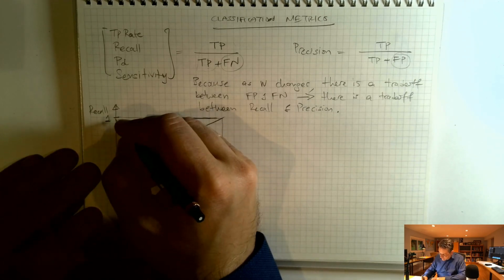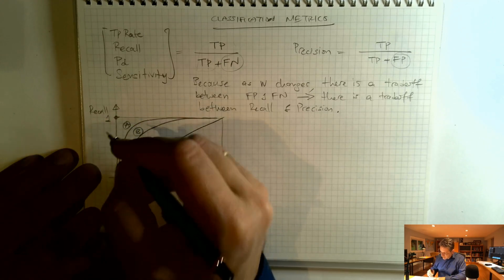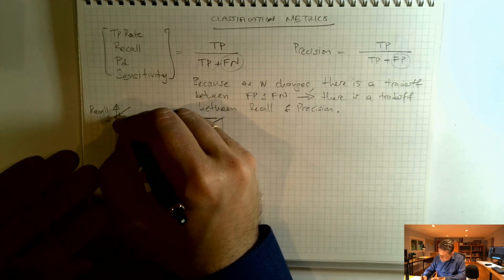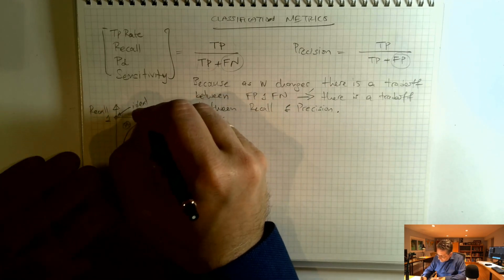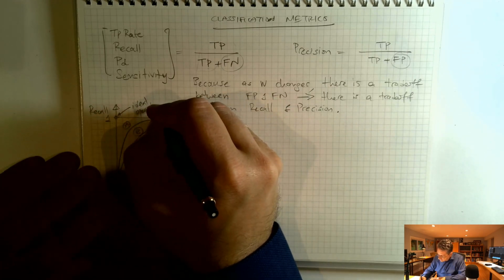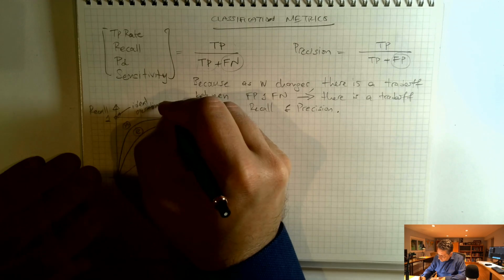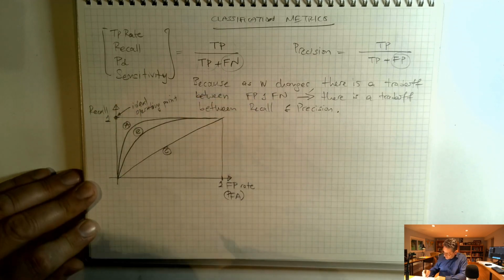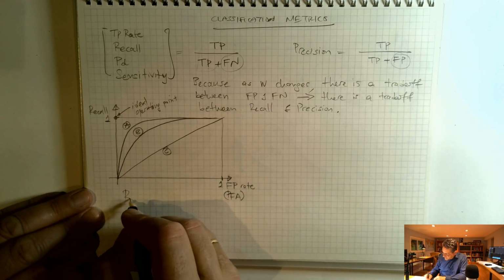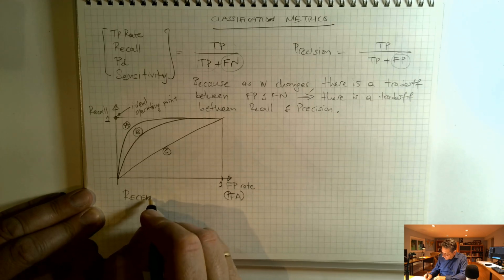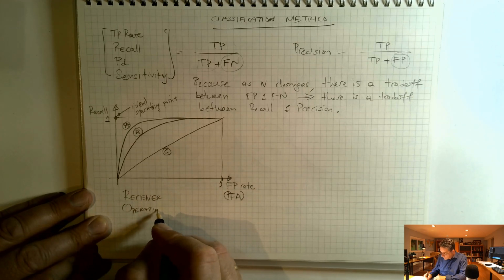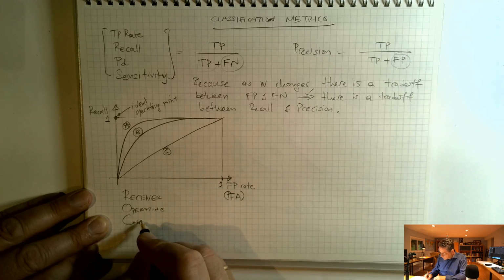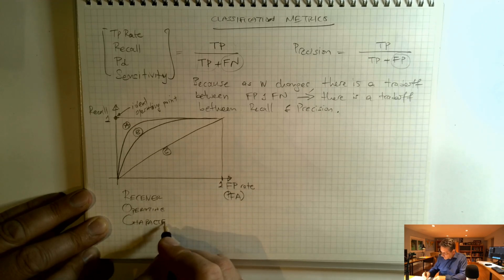That point over here is the ideal and unrealistic operating point. This curve, as we discussed, is called the receiver operating characteristic, or ROC.